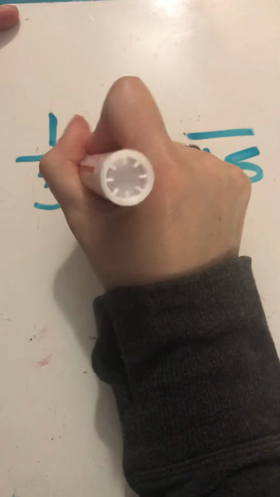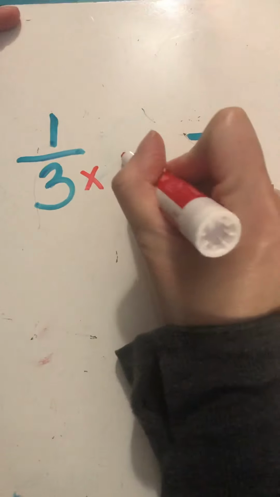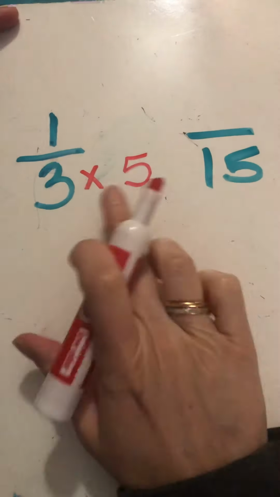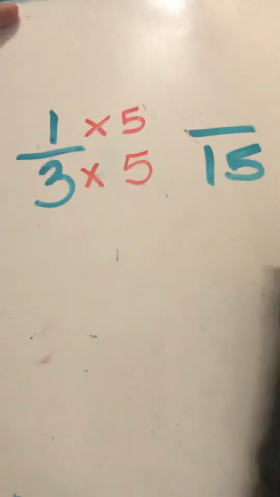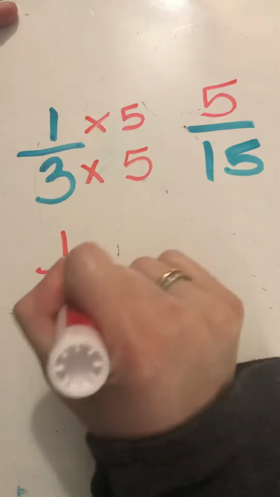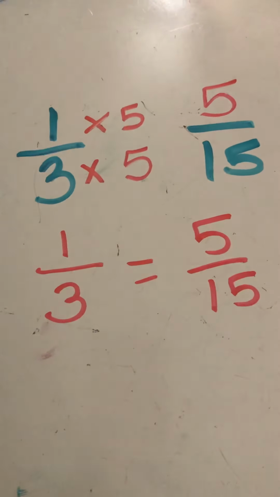I have 2 numbers here, so I know that if I multiply 3 times what is going to get me 15? Well, 3 times 5 is 15. Whatever I do to the bottom, I need to do to the top. 1 times 5 equals 5. So what I'm seeing here is that 1/3 is equal to 5/15.